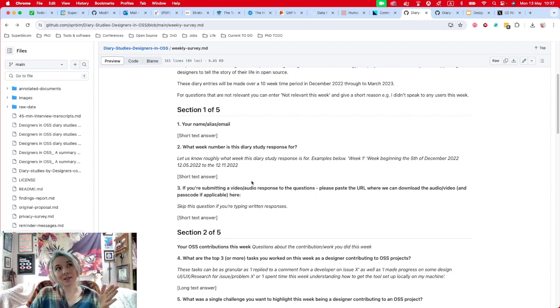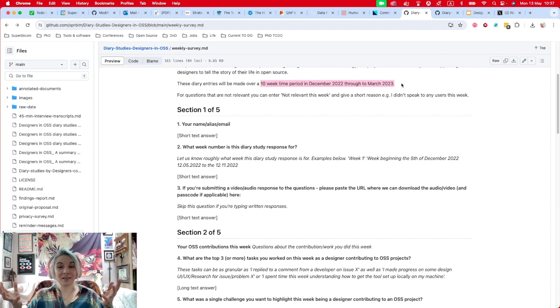We may have started in December of 2022, and we went through to March 2023. Yes, years are a little bit fuzzy now when it's that many years ago. But yeah, December 2022 through to March 2023.